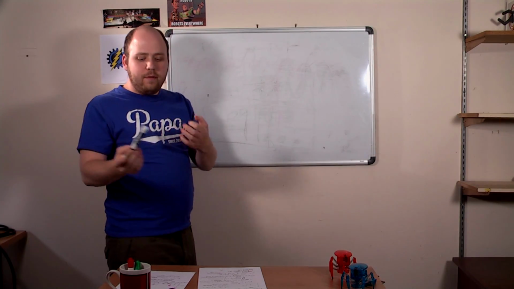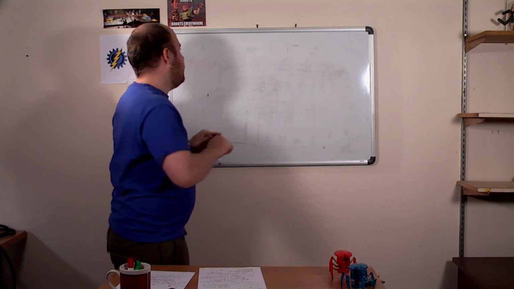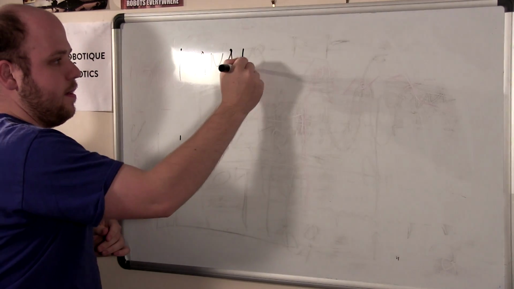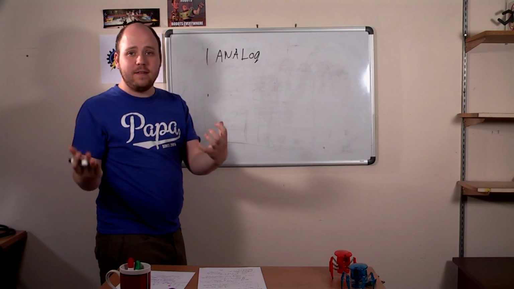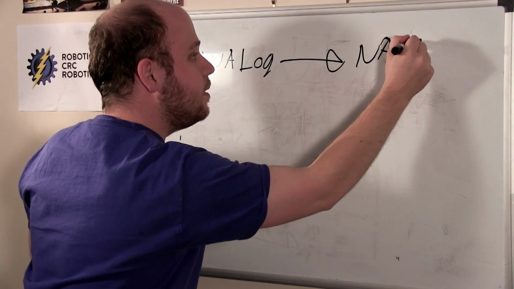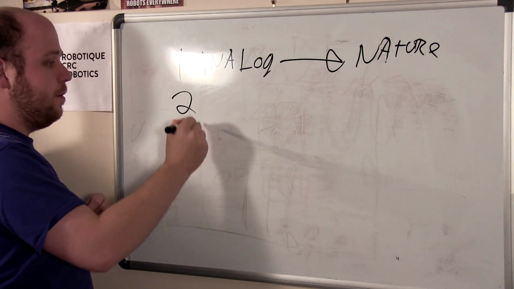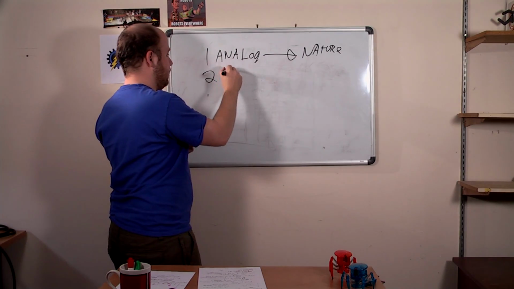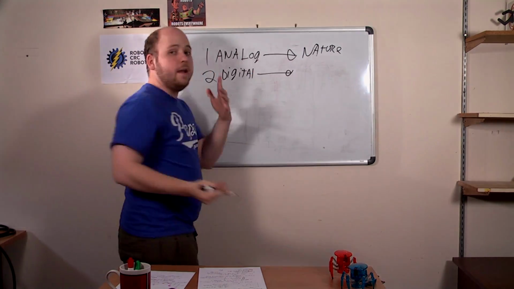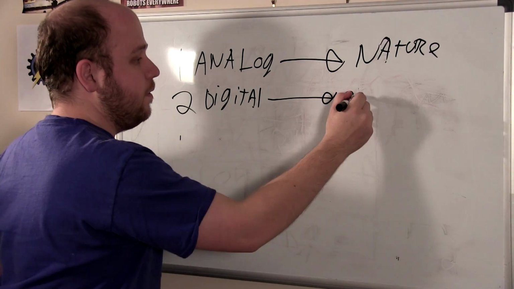Like so. In conclusion, what we learned from this small video is that 1, analog is nature. 2, digital is for a computer to be used.